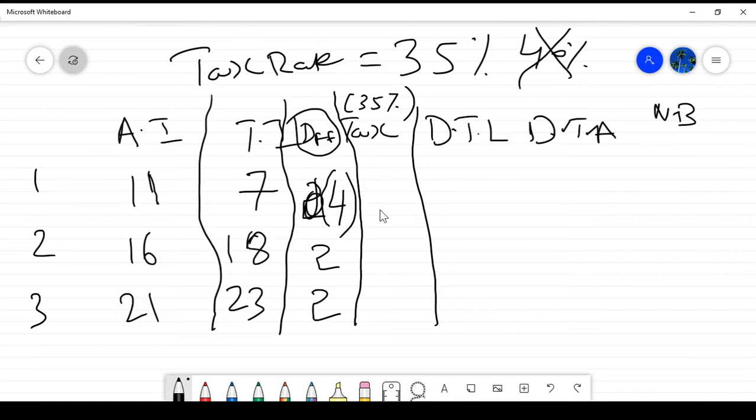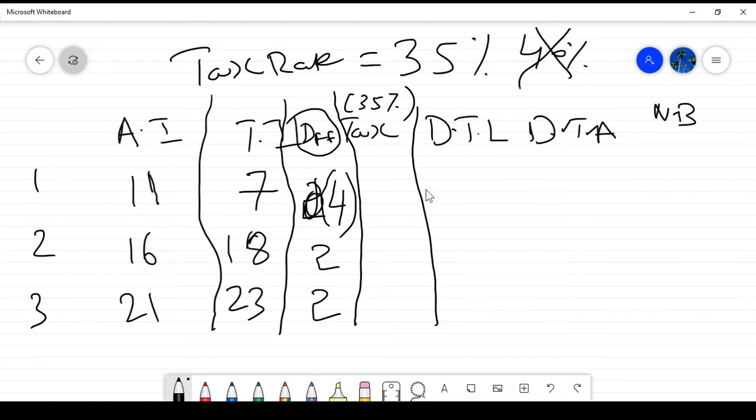Then we have to calculate deferred tax liability also. Forget about the tax calculation, directly we will go to deferred tax liability and deferred tax asset. Now logically you have to understand: accounting income is how much? 11 lakh. Taxable income is how much? 7 lakh. Am I going to pay more tax or less tax in the first year?